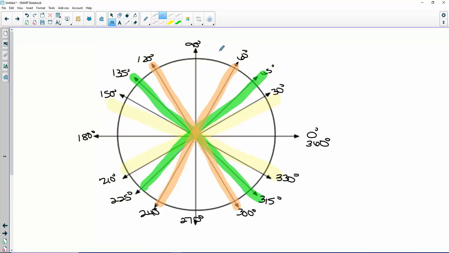Now, in radians, 0 degrees is like 0 radians, or all the way around, you could say 2 pi. 90 is pi over 2. 180 is pi. 270 is 3 pi over 2. If your reference angle is 30, what are all the denominators? 6.